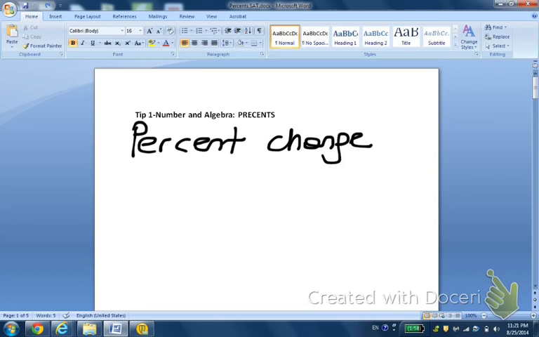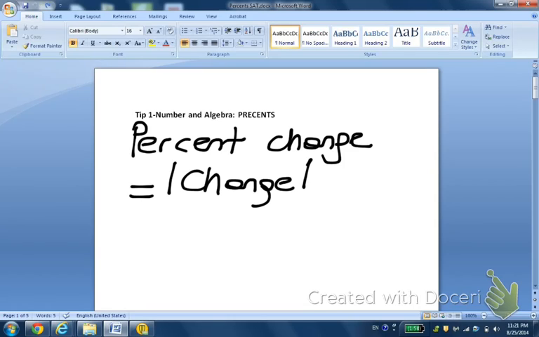Okay, the next formula you need to know on percent is the formula of percent change. Percent change is equal to the change. It could be an increase or a decrease. That's why it's good to put it in an absolute value. If something is an increase, the change is positive. If something is decreasing, the change is negative.